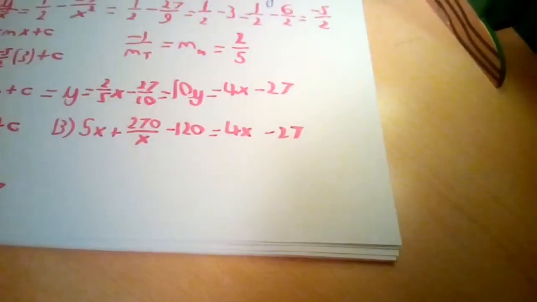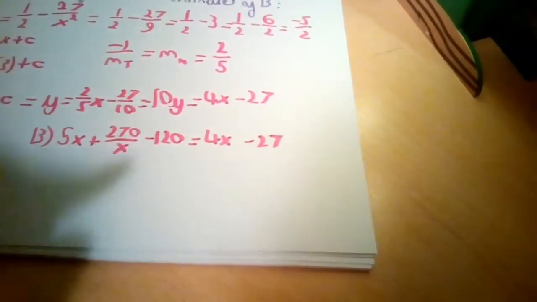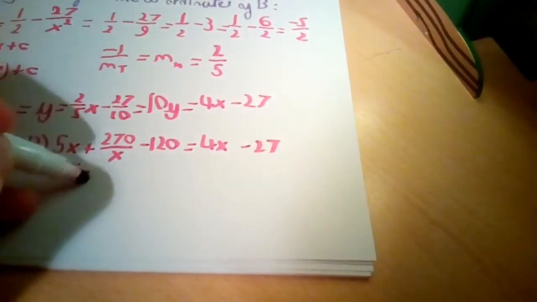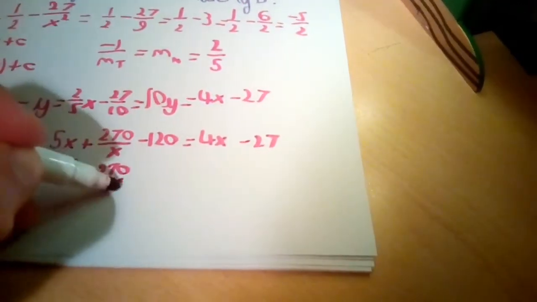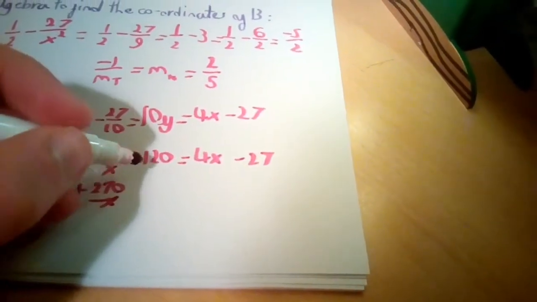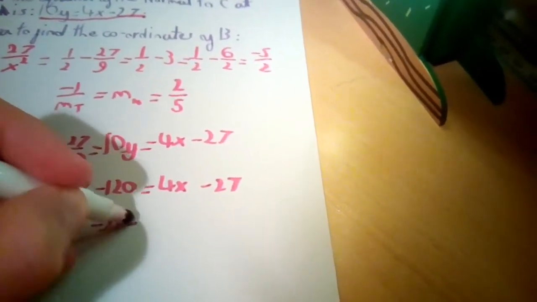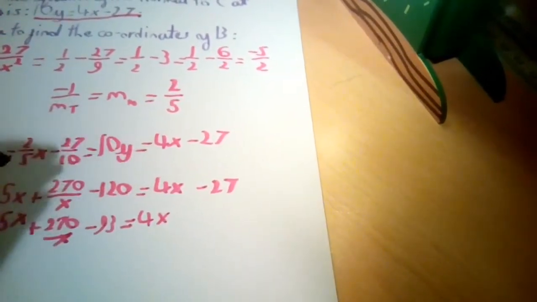And from that, we're going to say that 5x plus 270 over x minus 93 is equal to 4x. We add 27 to both sides.